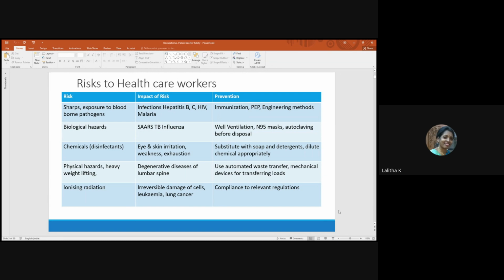For that, some places can use automated waste transfer or mechanical devices for transferring the load. And radiation hazard, we all know, can cause irreversible damage to cells and can lead to lung cancer or leukemia. So what is best is compliance with relevant regulations, use of appropriate barriers like lead aprons, and such kinds of preventive measures.